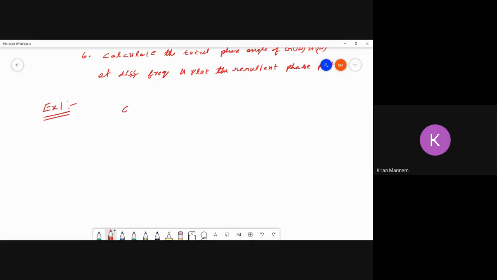G(s)H(s) is equal to 54 into (s plus 4) by s into (s plus 1) into (s square plus 1.8s plus 36).